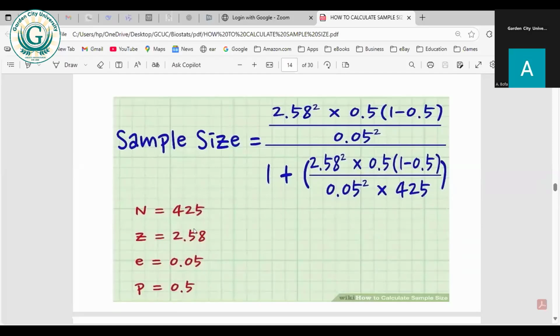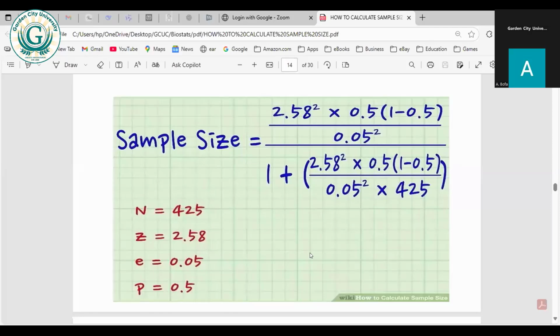Can someone tell me the confidence level we are using here? 99. Good. We are using a confidence level of 99, a population of 425, a margin of error of 5%, and P is 0.5.